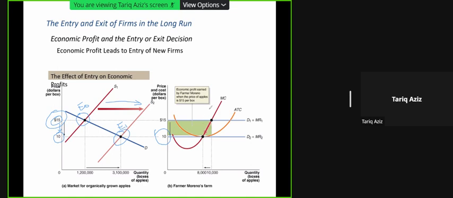On the right hand side, the profits of a single farmer have been depicted, where initially the farmer was able to sell at $15. This is the point, this is $15. The average total cost was this much.